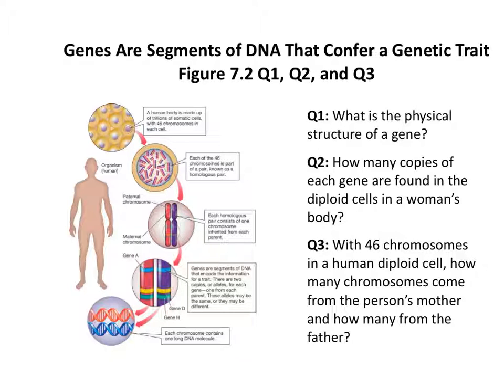With 46 chromosomes in a human diploid cell, oh, by the way, of course, a man is also completely diploid, and he also has a full complement of 23 homologous pairs of chromosomes, or 46 chromosomes. Not all organisms actually have a dominant diploid life cycle. Some mix it up.